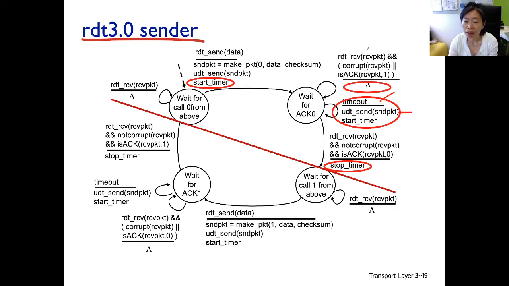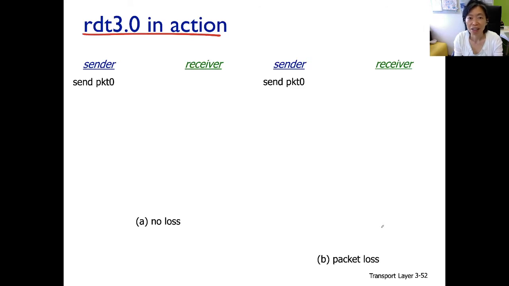It's just that, hey, with these situations, we're just gonna wait. So we'll just always wait until timeout. Right? How do you like that? Now I'll let you ponder how you like RDT 3.0. In the meantime, let's move on and see a few examples of RDT 3.0 in action.